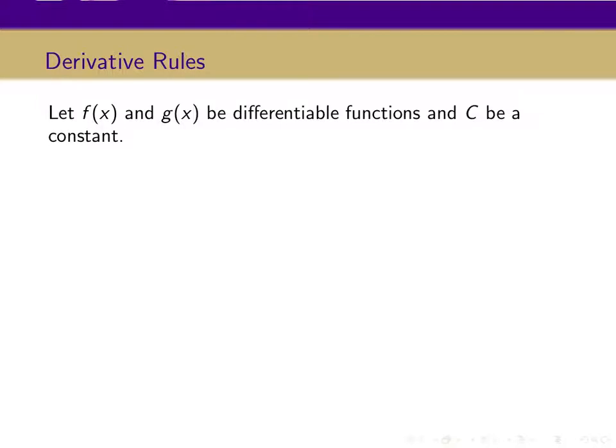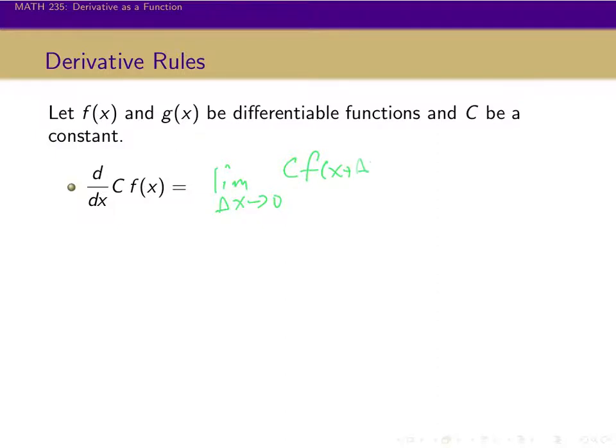Okay, so let f of x and g of x be differentiable functions. These are functions where the derivative exists, and we're going to let c be a constant. What happens if we take the derivative of c times f of x? Let's plug this into the limit formula. The limit as delta x goes to 0 of, if I plug in x plus delta x, c times f of x plus delta x minus c times f of x, all over delta x.